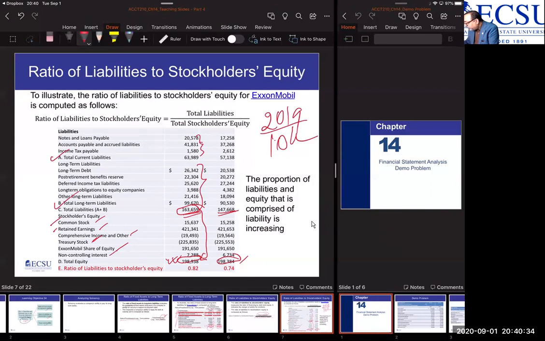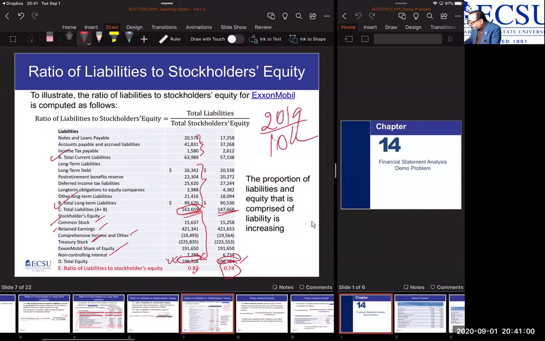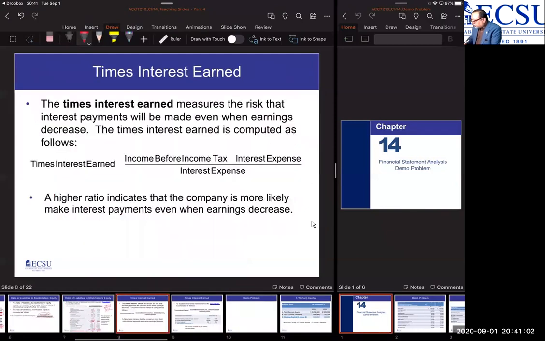Essentially, what it means is 0.74 times in 2018, and it was 0.82 in 2019. So that is the calculation that we have done. All right, so that is going to be your second ratio.